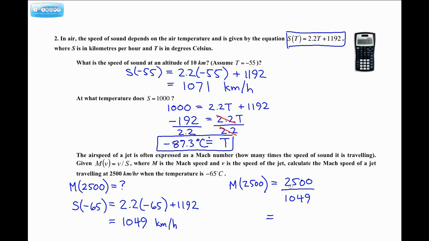I'm just looking at this, I can tell we're going to have a number bigger than 1. It's approximately, I'll say round to the nearest tenth, 2.4. So it means that this plane traveling at 2,500 kilometers per hour at minus 65 degrees Celsius is traveling at Mach 2.4, meaning it is 2.4 times the speed of sound where he is flying, or she.